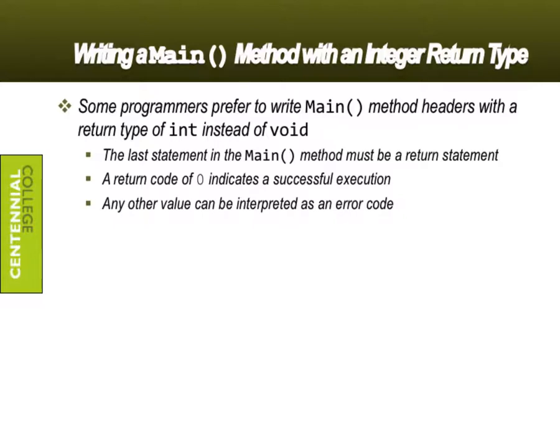If it's anything else, it'll be interpreted as an error code that I can output. So I can create my own error codes that my project outputs from my return. Error code 100 might mean something like, you forgot to enter this thing, or this file is missing. I can create my own custom error codes for my program.